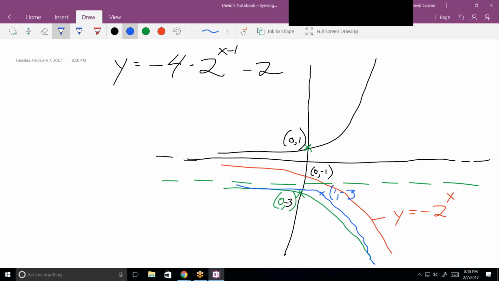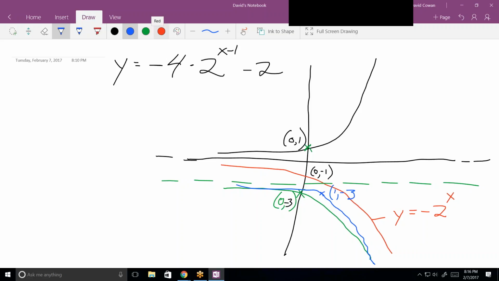And a vertical stretch means that a point that was at 1, comma, minus 3 is now going to be at 1, comma, minus 12. See why? Multiply it. So yeah, you multiply.